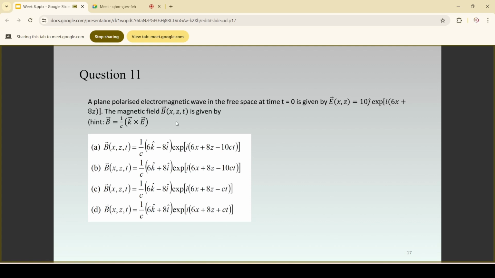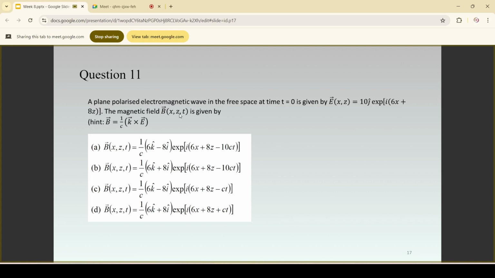So still the propagation is perpendicular to the electric field. Now we have to calculate the magnetic field. First we can write the electric field as E of x, z is equal to 10 j exponential of i into 6x plus 8z.